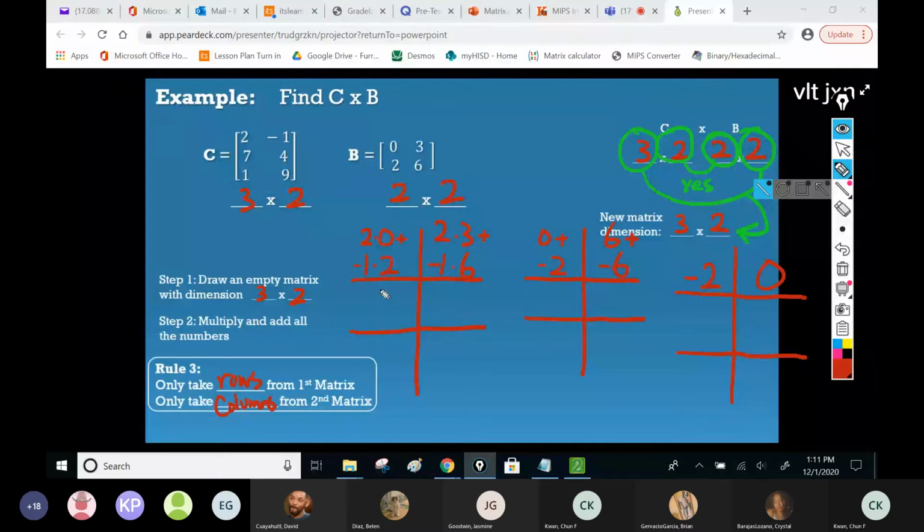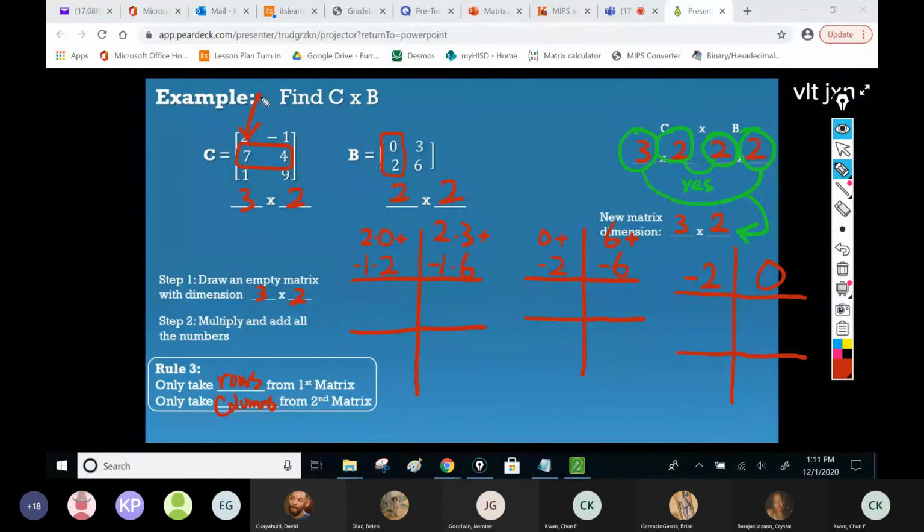All right, let's see. Right here, this is the box that we're gonna get at. So this box is second row. So that means we're going to take our rows from the first matrix. We only take rows from first matrix, all right? We'll take the second row, and then this is the first column. So we'll take our first column from second matrix.